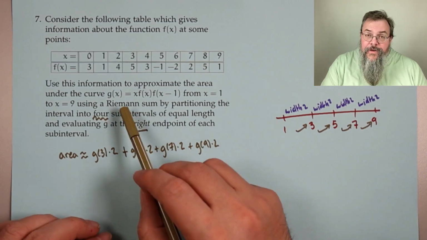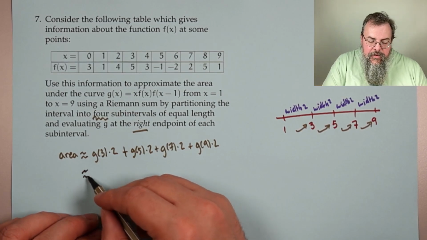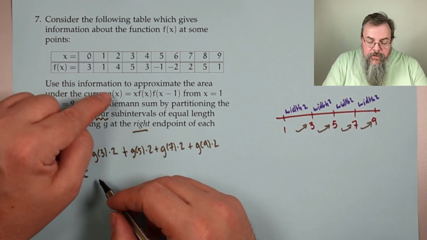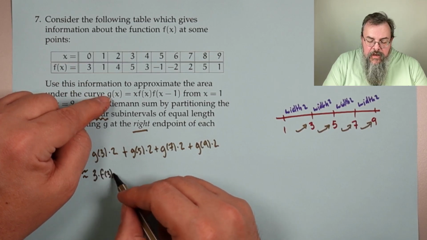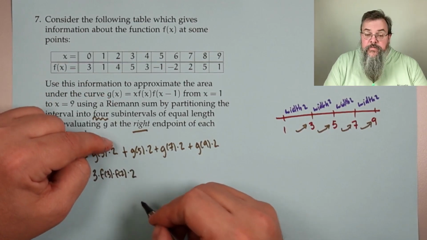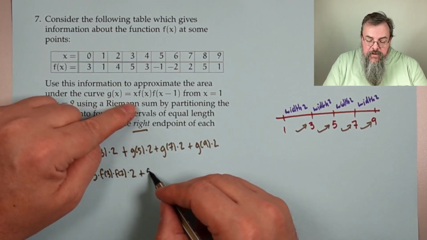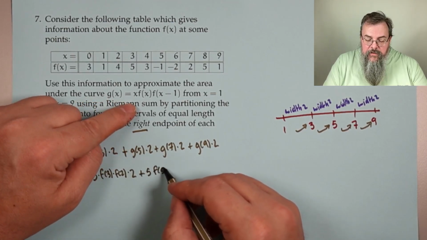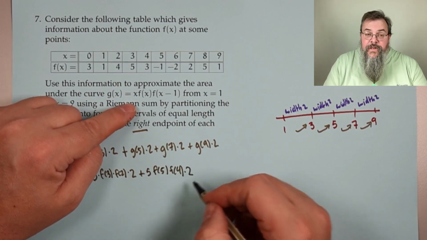All right, well, now how do we find these? We say, well, there's a rule. We know what g of x is. So according to this, g of 3 would be 3 times f of 3 times f of 2 times, don't forget that 2, plus g of 5 would be 5 times f of 5 times f of 4, don't forget that 2.